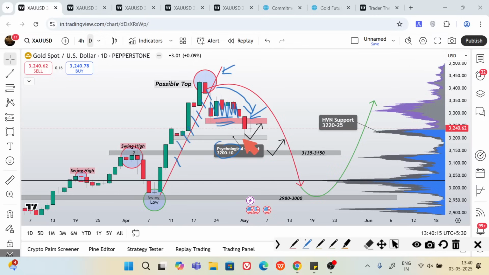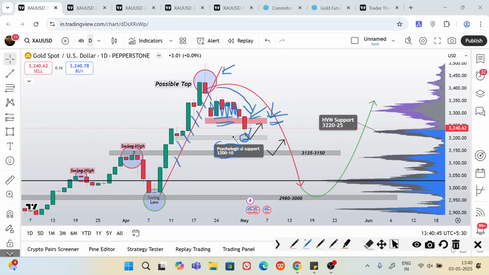Price tested this support, and I already said that price can bounce from this zone, and after testing this support we have seen a bounce. But as you can see, the price previously broke down from this support area, which is now acting as resistance, and we have seen price respect and test this area again and move down.